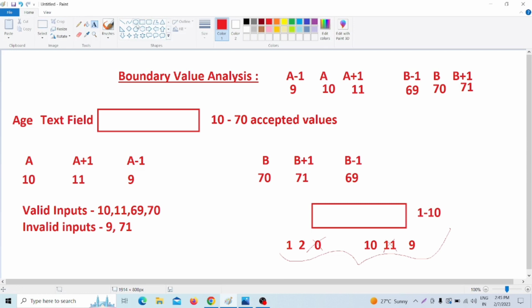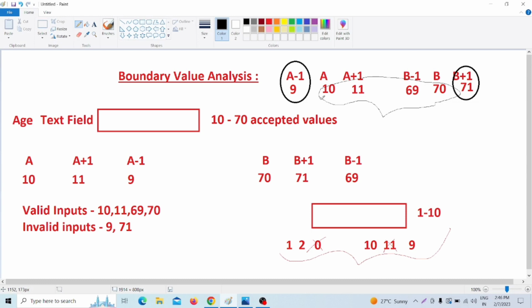So these two are the invalid test cases because they are beyond the range 10 to 70. So these are the valid test cases. Only these are the valid test cases.